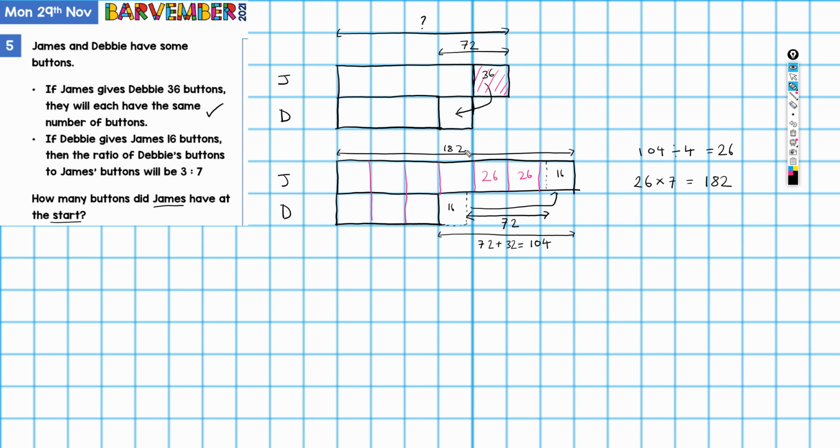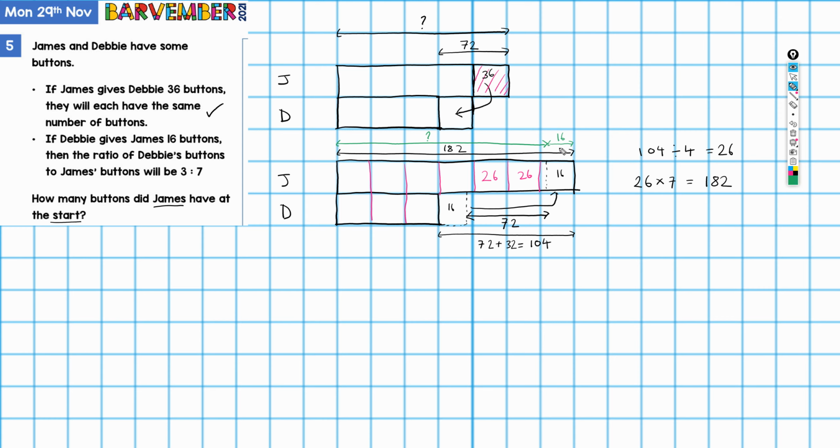But that's not what James had at the start. What James had at the start, I should probably have drawn it in on this scenario as well, was this. So that again is our question mark. And that must be the 182 minus the 16.